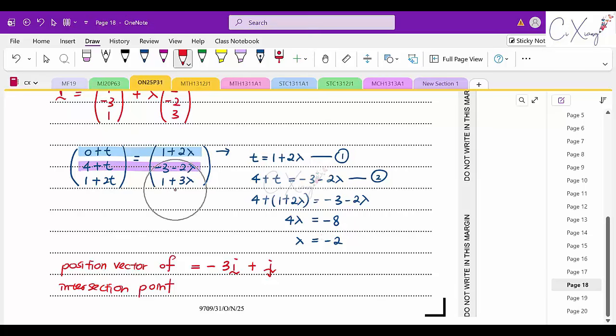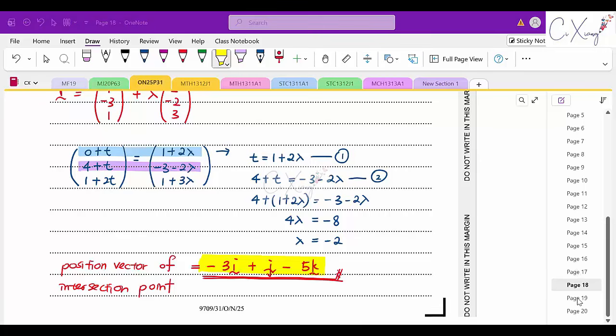Then -2 substituted in here, you'll be having -6 plus 1, which is -5. So this particular vector is the position vector for the intersection point between the two lines. Okay, so this is how we get the intersection point.